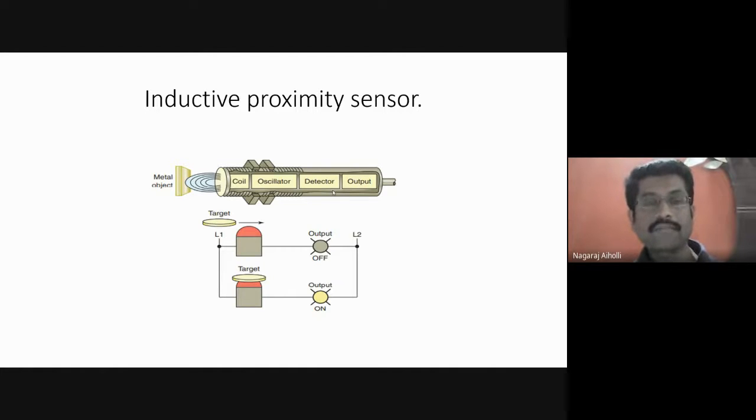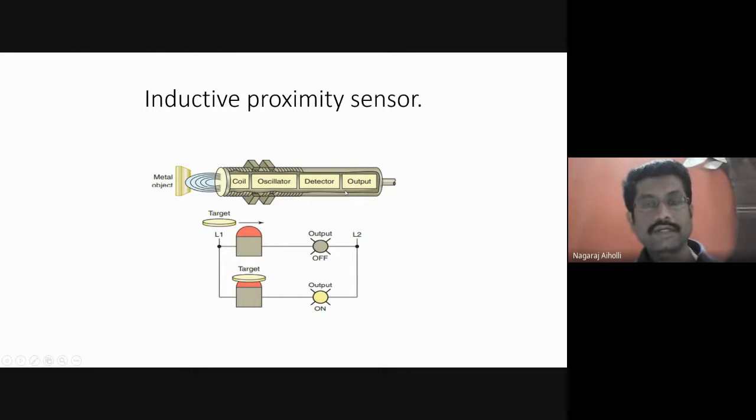Because the metal object is present, it has absorbed certain energy from the input electromagnetic waves that are striking the object. Because of this, the strength of the signal received at the detector is less.